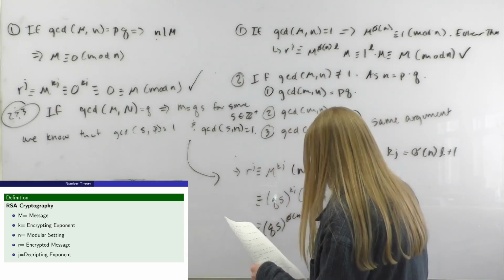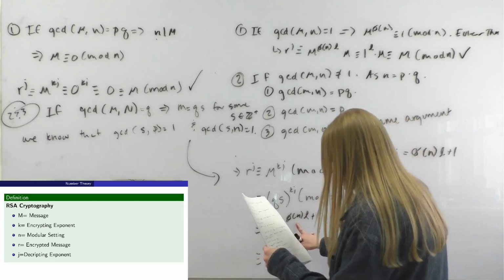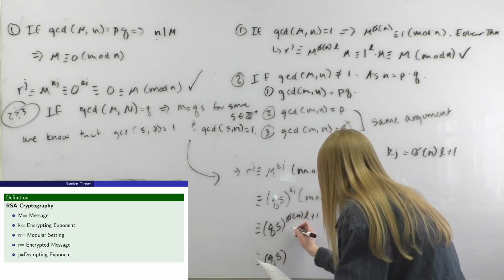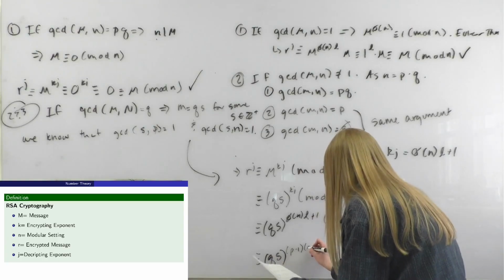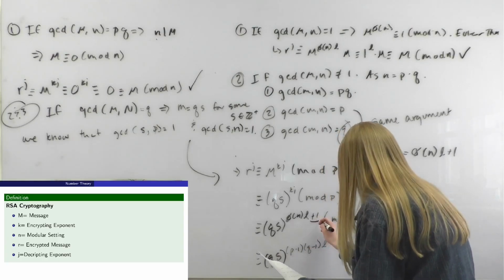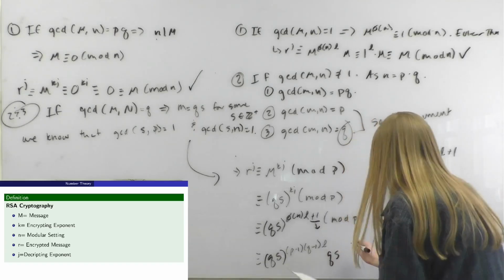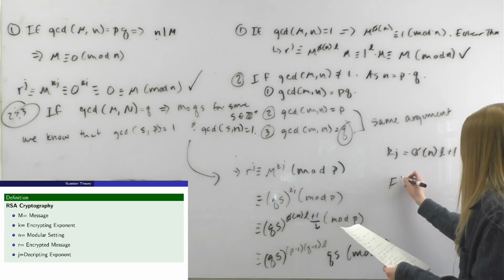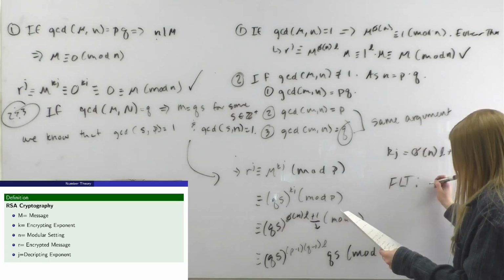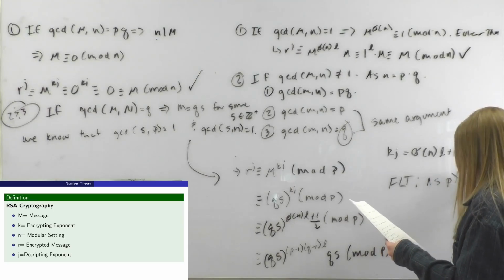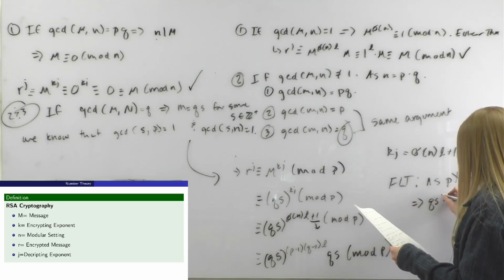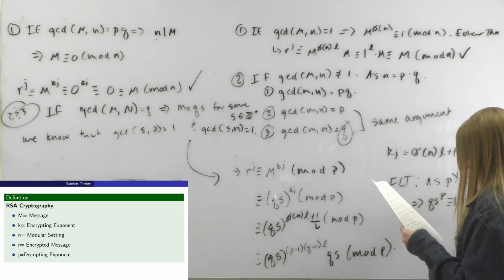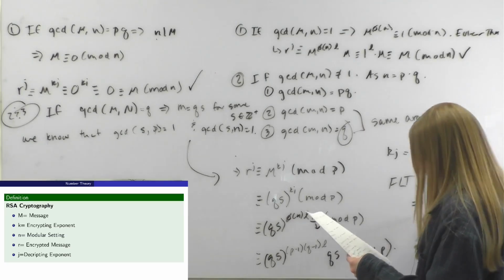Right? And we know since phi of n here is just the product of 2 primes, we can plug in here that phi of n is just p minus 1 times q minus 1 times L, and then we can bring this down to just be QS mod P. And by Fermat's little theorem, the FLT, we see that as P does not divide QS, that QS raised to the P power is congruent to 1 mod P. I think it's P minus 1.